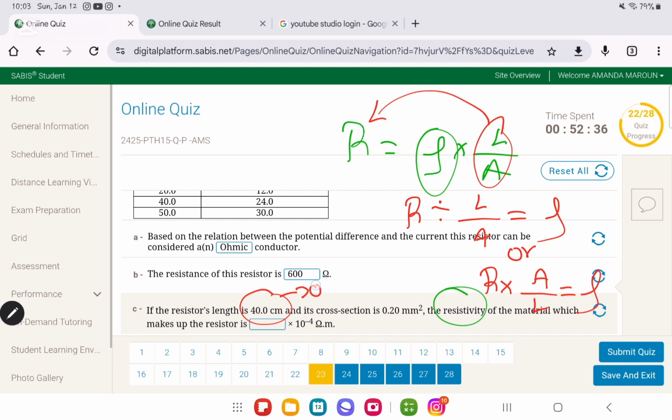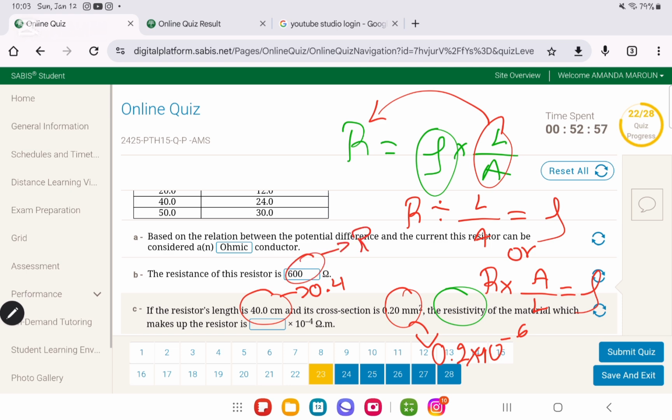So we are given the resistor's length. We will change it to meters, so it is 40 divided by 100, which is 0.4. Then the area, we will change it to meters, so it will become 0.2 times 10 to the power of minus 6. And then we have the resistance over here, which is 600 ohm.